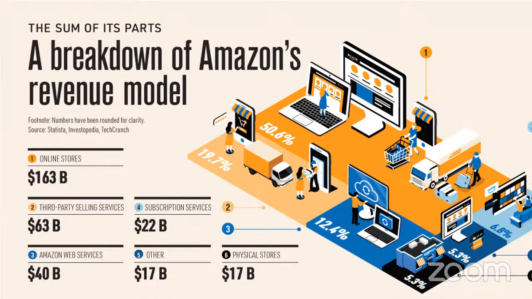Then they get the second thing from their third party selling services. So it's important just to define at least the percentage you are tackling or you are going for. Okay.